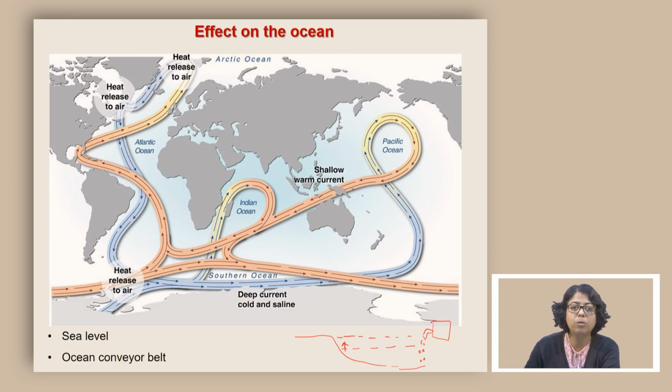So, this is an important concept to remember: with increasing temperature, the overall eustatic sea level should rise, partly because of volume expansion, partly because of the addition of extra water through melting of the ice.